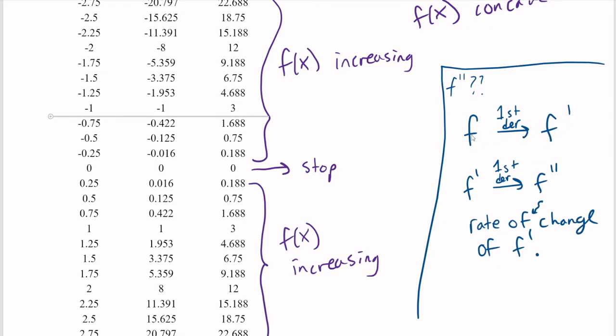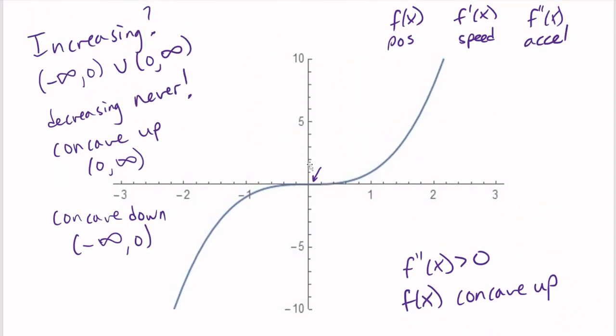So f prime is the rate of change of f. This is telling me, though, f double prime is the rate of change of f prime. So then this connection is that f double prime must be the rate of change of the rate of change of f, which is the acceleration. How is your speed changing? That's acceleration, second derivative. And so hopefully you could see that with this picture.